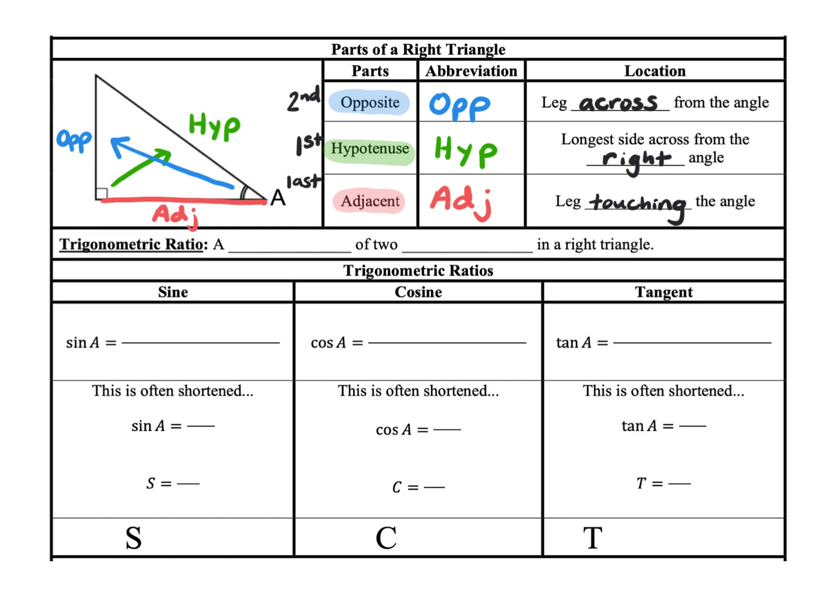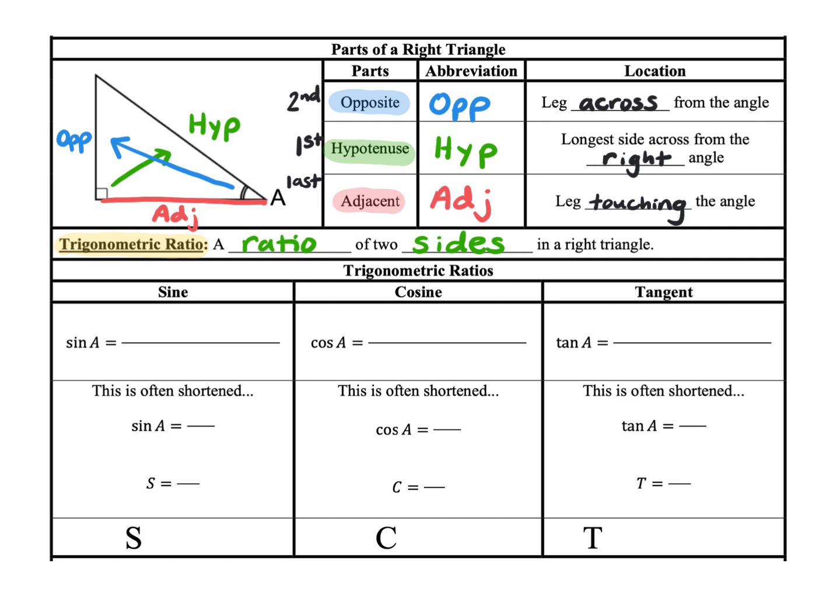Now these 3 parts can be used to write 3 different trigonometric ratios. So this is going to be an important vocab word here. A trigonometric ratio is a ratio of 2 sides in a right triangle. And in every right triangle, there are 3 different trigonometric ratios.